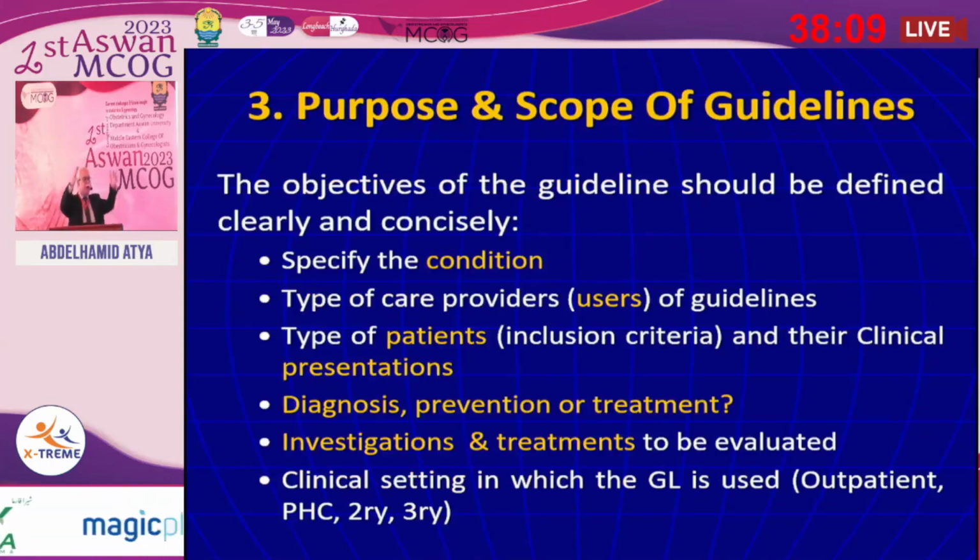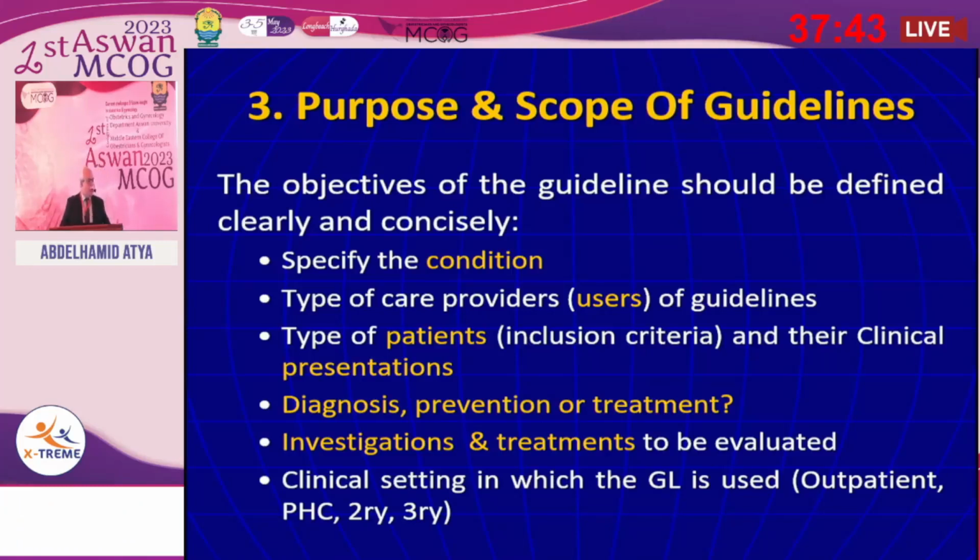Then they start to put the purpose and the scope of guideline. What is the condition that we are going to deal with? What are the type of the care providers or the user of this guideline? Are they the obstetricians, the gynecologists, the anesthetists, the surgeons, or whatever? What are the type of patient and inclusion criteria and their presentations?